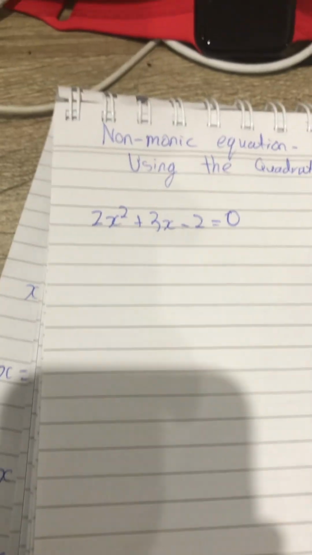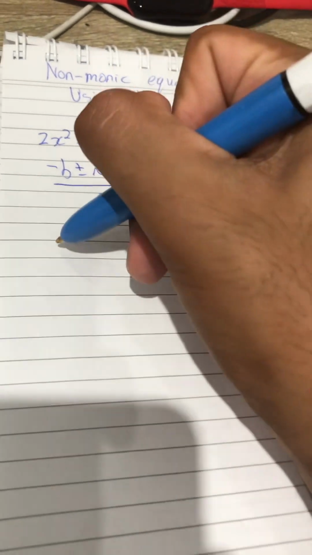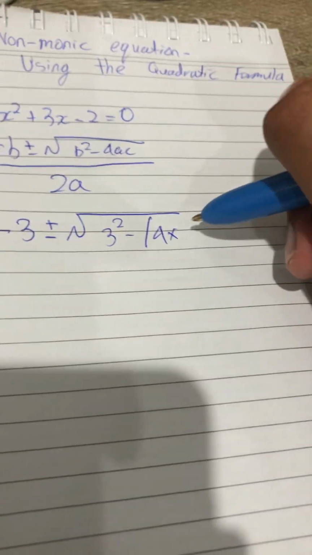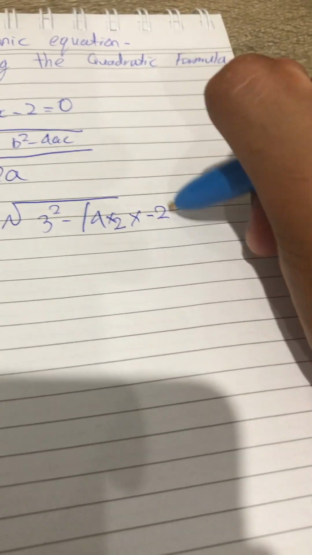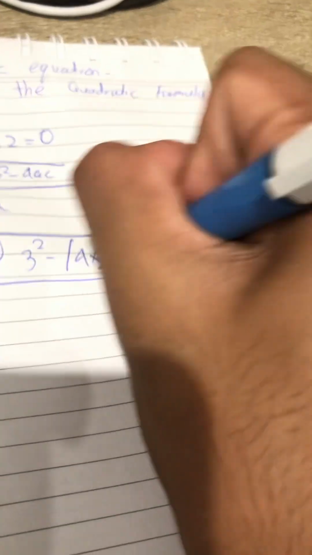Okay, let's input these values into our quadratic formula, which is minus b plus minus root b squared minus 4ac over 2a. Okay, minus b, which is 3, is minus 3 plus minus root b squared, which is 3 squared, minus 4 times a, which is 2, times c, which is minus 2, all over 2a, which is 2 times 2.